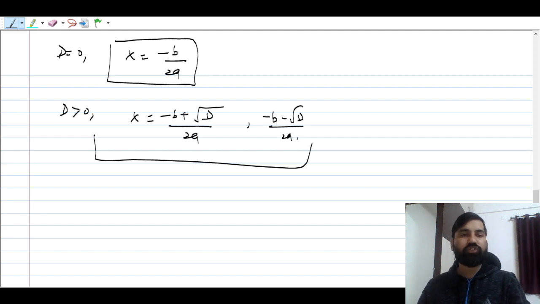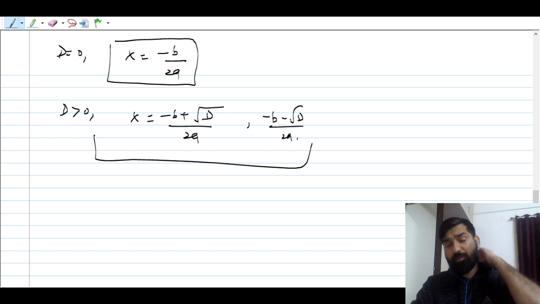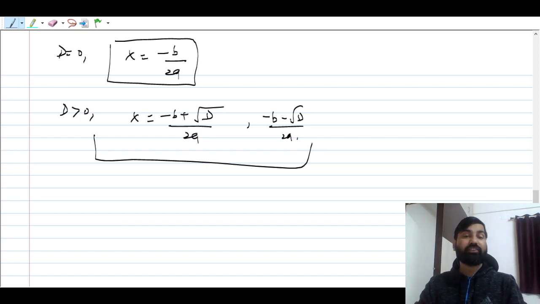So if you know two roots, you can always write the equation. This is the fact that you have to keep in mind, right? So there are some properties of quadratic equations and their roots. If d is a perfect square, the roots are rational. Remember, if it is not a perfect square, then the roots are irrational, right?